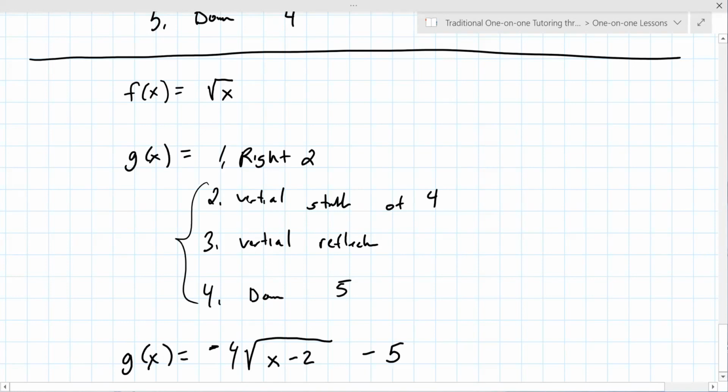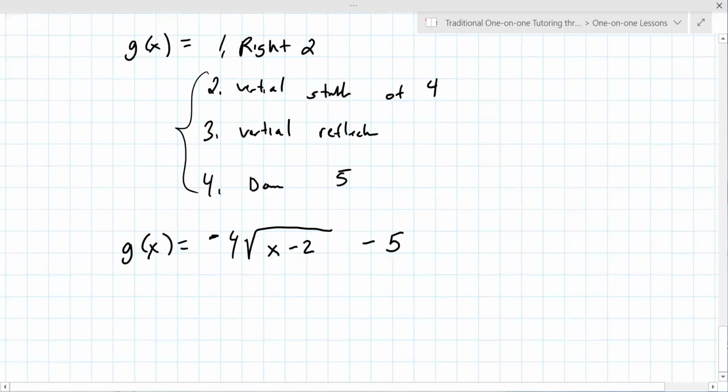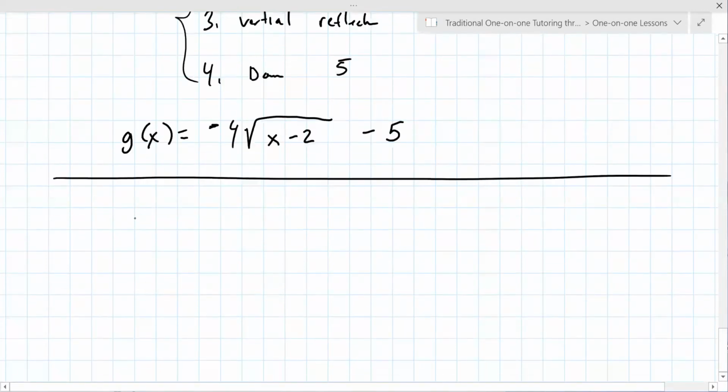Did you get that or something close to that? I was close. Okay. The harder ones are when it's horizontal. So let's try one of those. Let's say I tell you that f of x is x cubed. And I tell you g of x has the following.